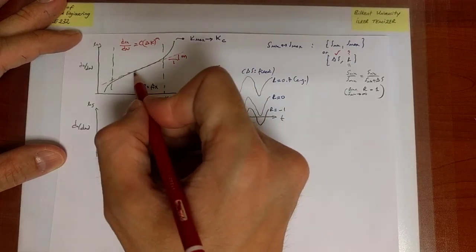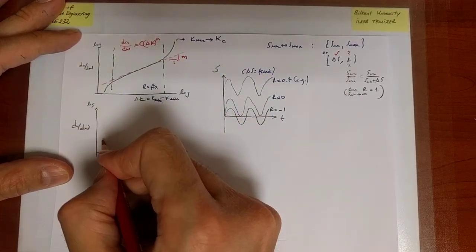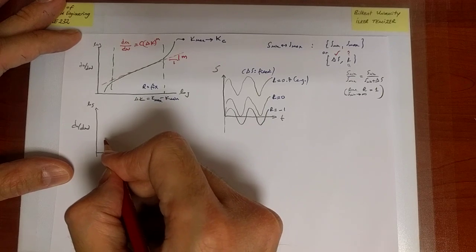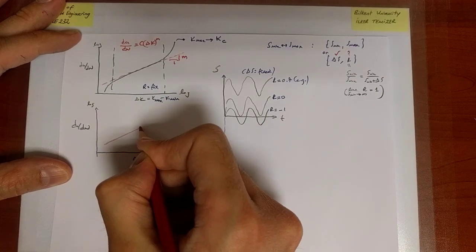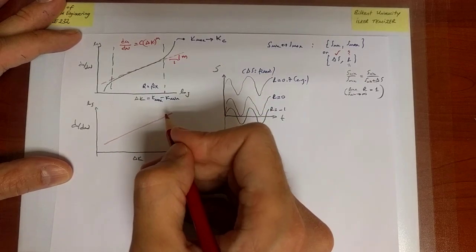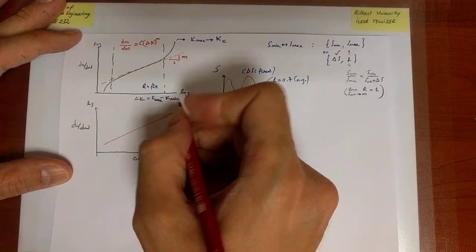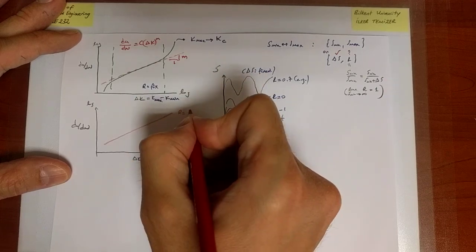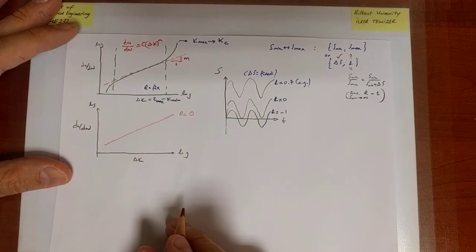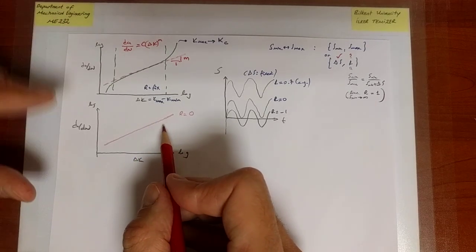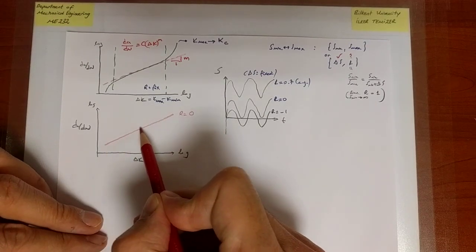And let's say this is the original plot for R equals a certain value. Let's say R is equal to, say, 0. Now my question is, what happens to this line?